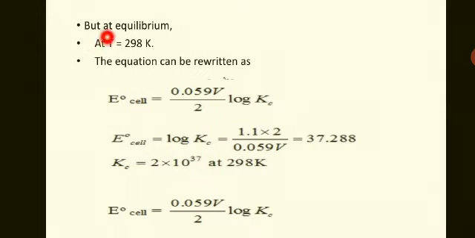At equilibrium, at T equal to 298 Kelvin, the equation can be rewritten as E0 of the cell is equal to 0.059 volt upon 2 log Kc, where Kc is the equilibrium constant.